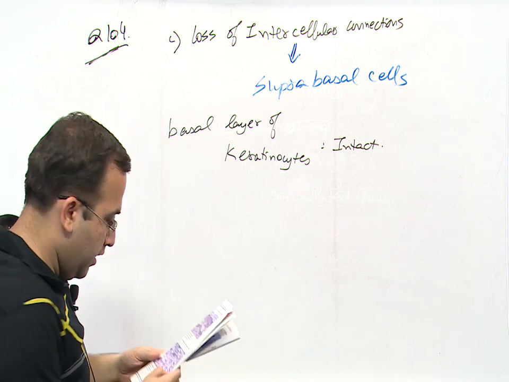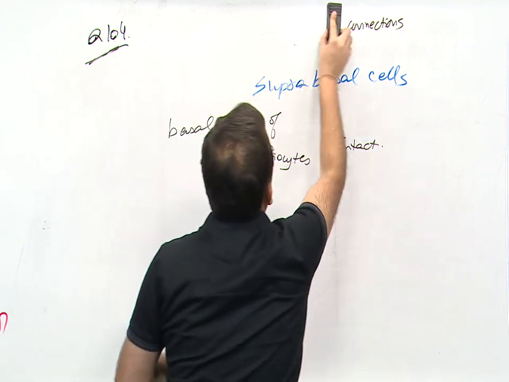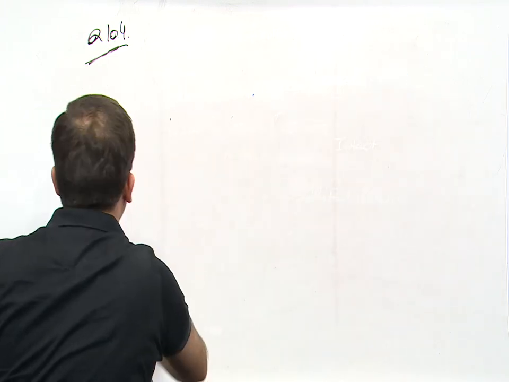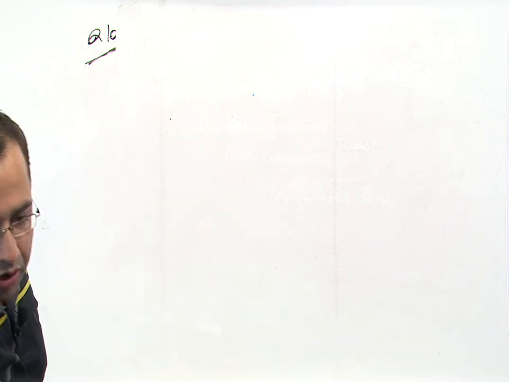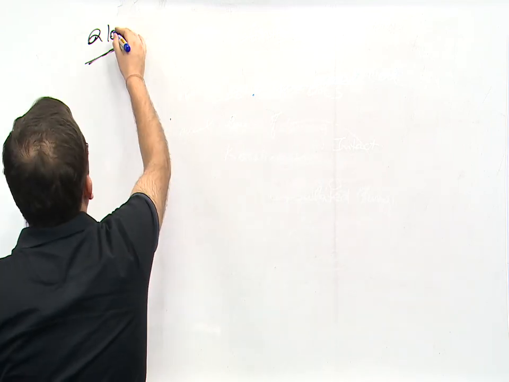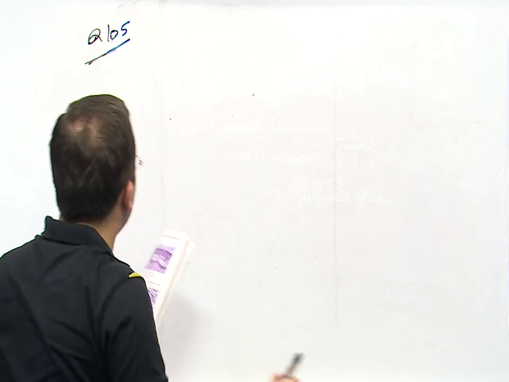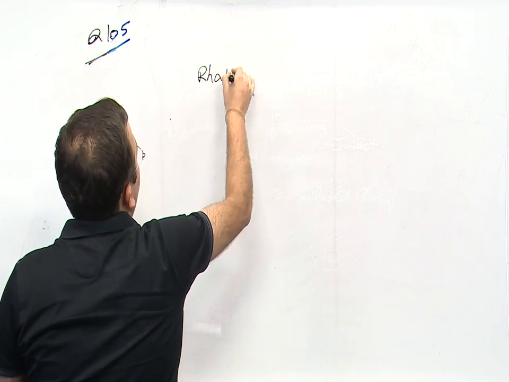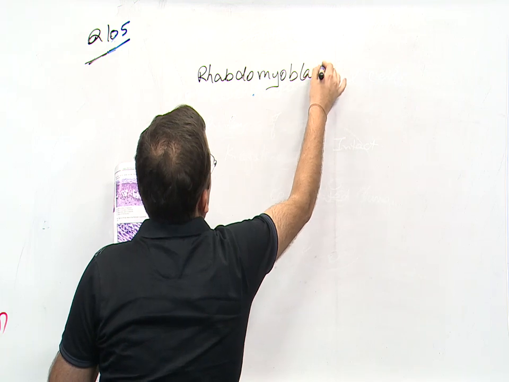Next, what you have in question 105. This is the classical appearance of a rhabdomyoblast. What you are seeing, even with an arrow on it, is a rhabdomyoblast.